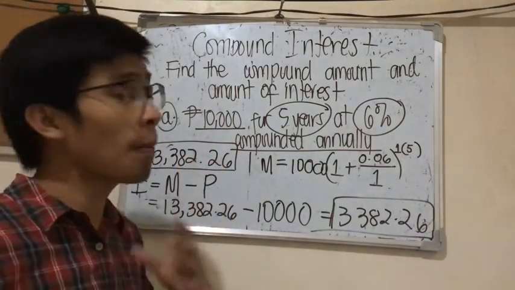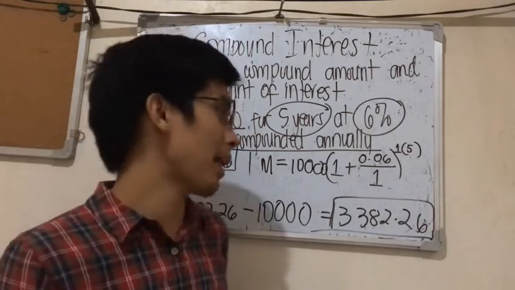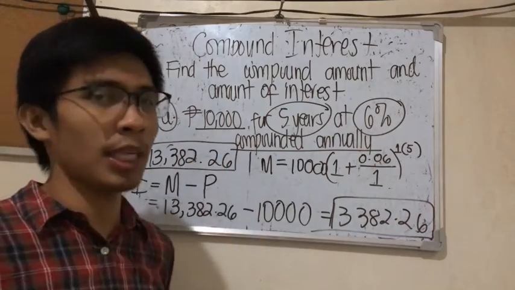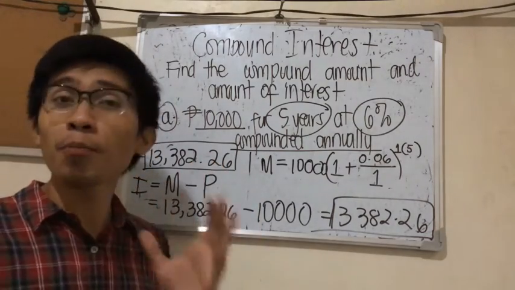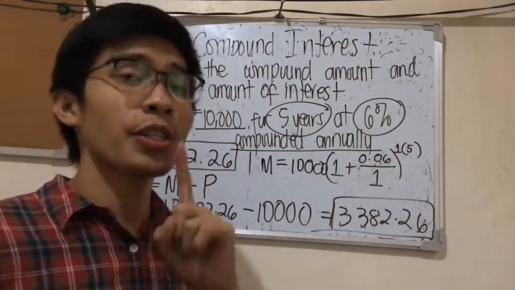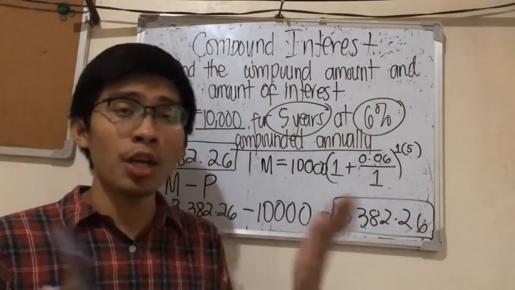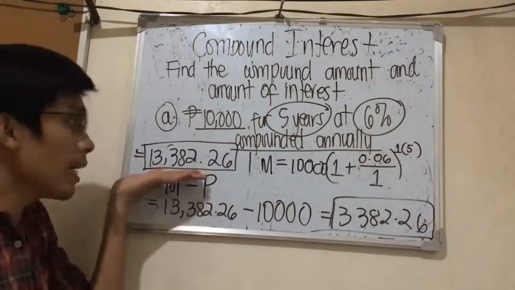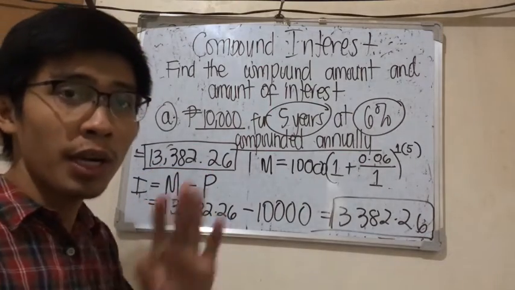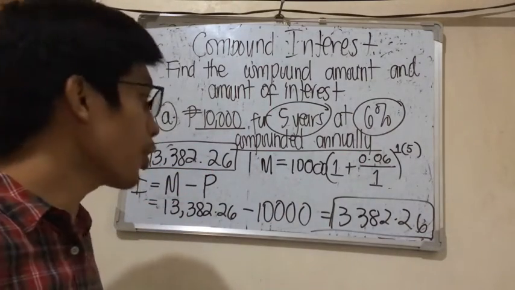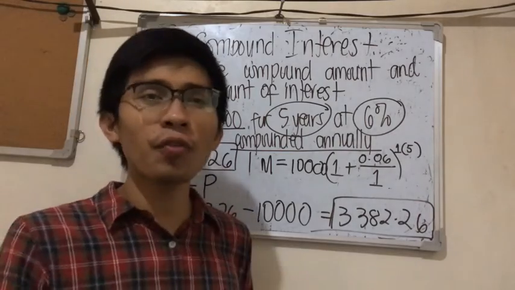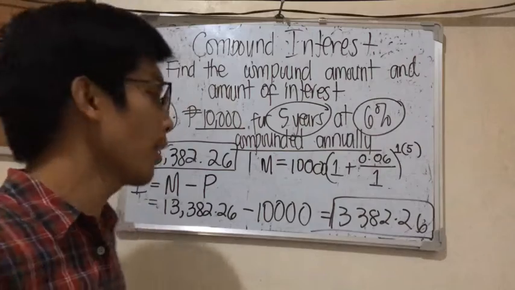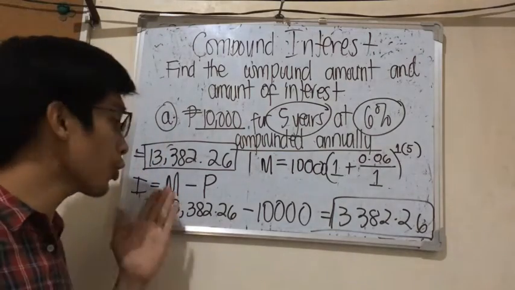That's how you solve compound interest, ladies and gentlemen. Again, you use the formula. What are the steps in solving it? You identify the important elements. Next, you substitute in the formula and you simplify. After simplifying, you get the compound amount or the maturity value. In order to identify the amount of interest owed on the money you borrowed, invested, or deposited, you have to deduct the principal amount from the maturity value.